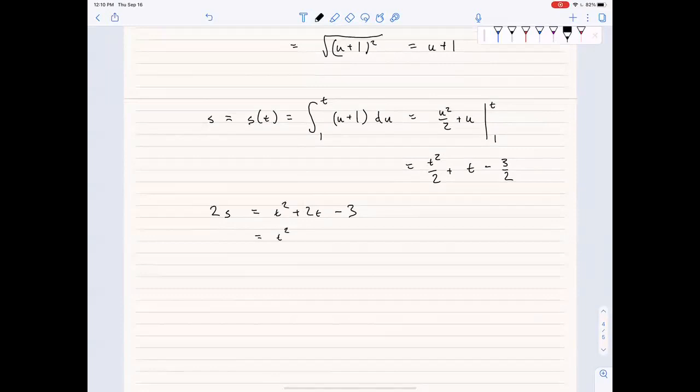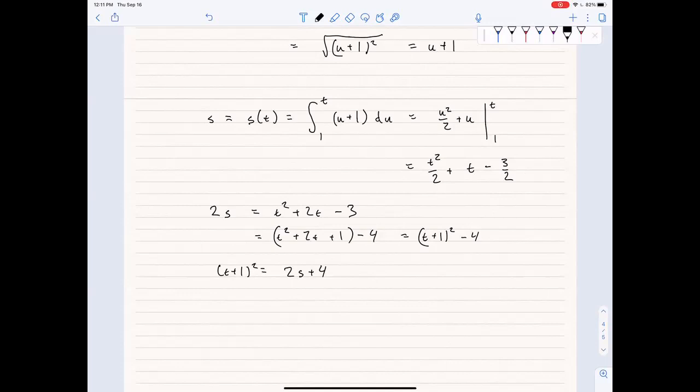So this is equal to t squared plus 2t plus 1. I added 1, I have to subtract 1, minus 4, right? Which equals t plus 1 squared minus 4. Now I'll swap the order. So I get t plus 1 squared equals 2s plus 4, right?